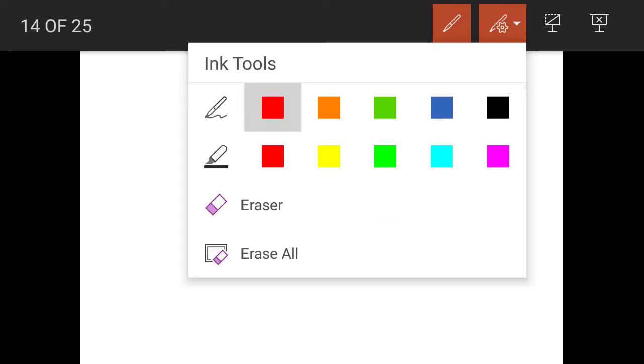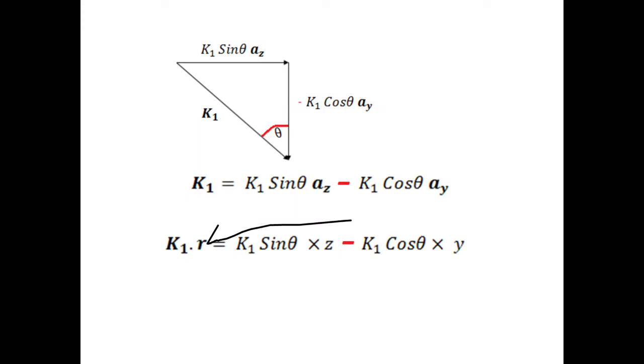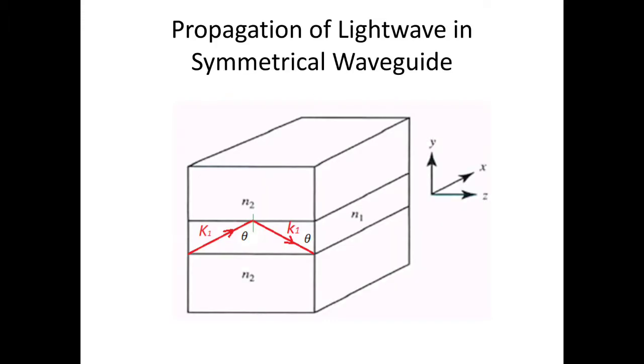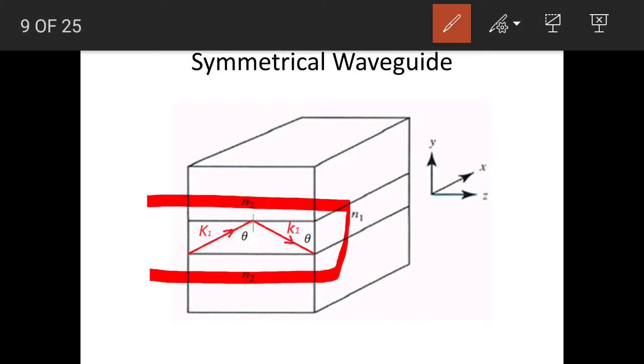So there are two rays in the central layer of the symmetrical slab waveguide. One ray is moving in the upward direction, the second ray is moving in the downward direction.